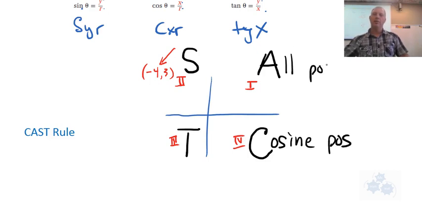All are positive in quadrant 1. The sine is positive in quadrant 2, and the tan is positive in quadrant 3. That means all of the other ones are negative. And in quadrant 1, they're always all positive.